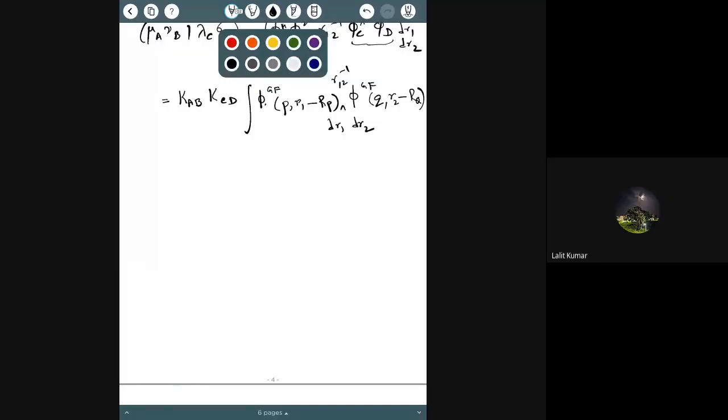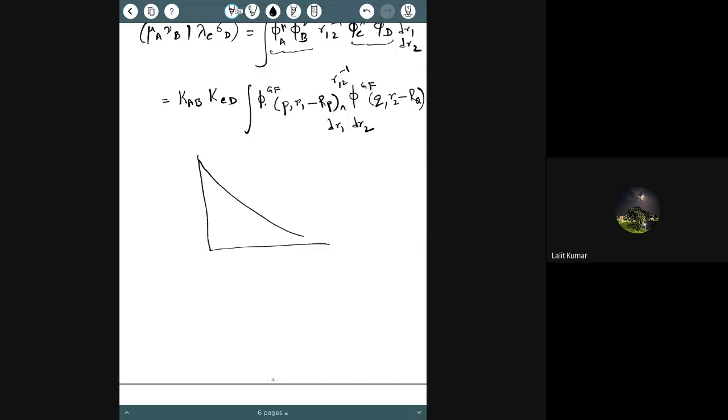So I can try to draw something roughly. If I draw just the 1s Slater function, it gets a little bit faster, so it looks something like this. I can't draw this well on this tablet.